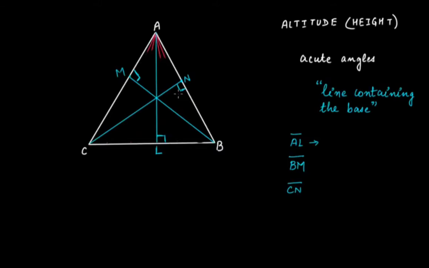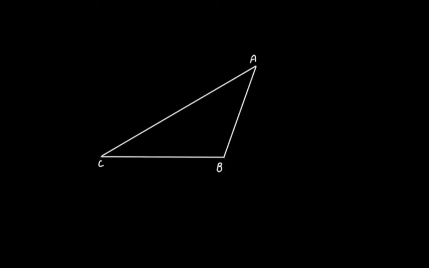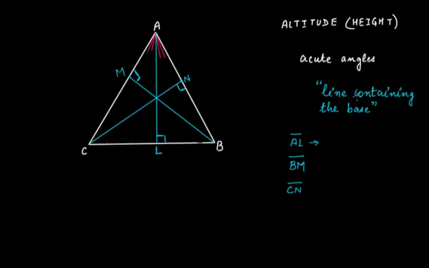In this case also we have three altitudes, one altitude from each vertex. In this case we have one obtuse angle, and that obtuse angle is here. Now you will once again understand the importance of the line containing the base.